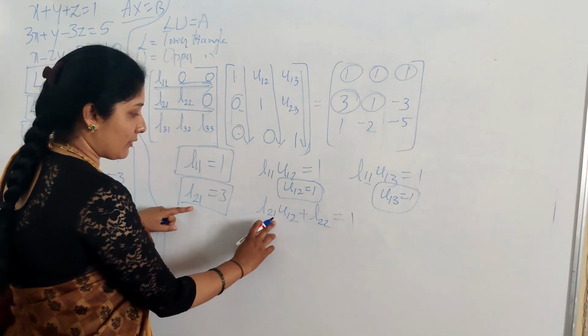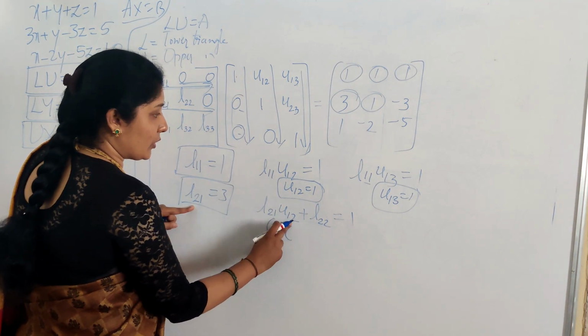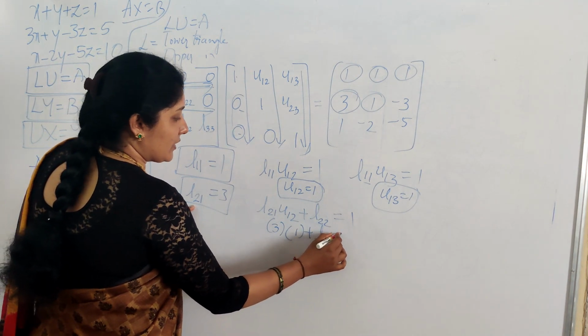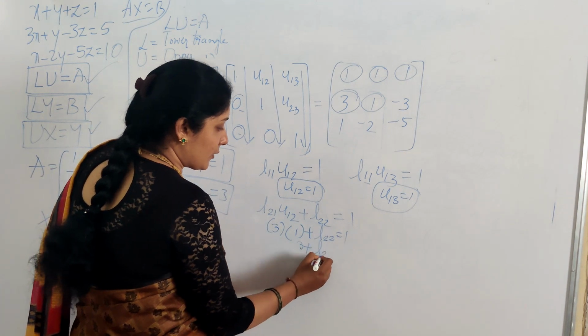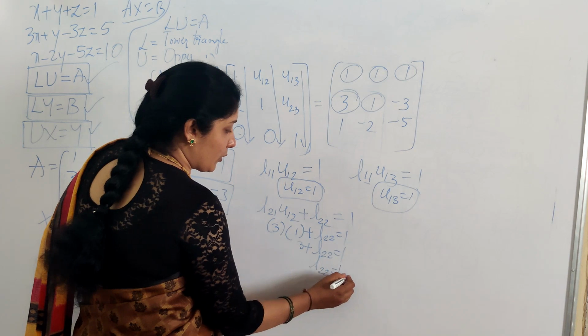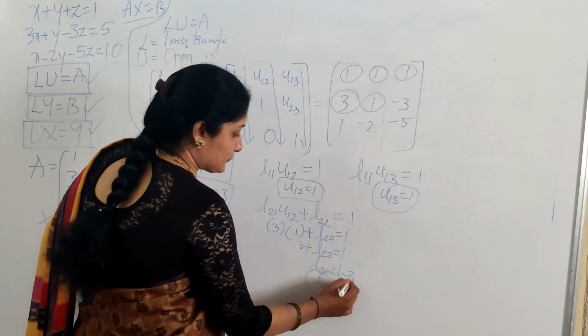So we know the value of L21, that is 3. Next, 3 into U12, which is 1, plus L22 is equal to 1. So 3 plus L22 is equal to 1. Therefore, L22 is equal to 1 minus 3. L22 is equal to minus 2.